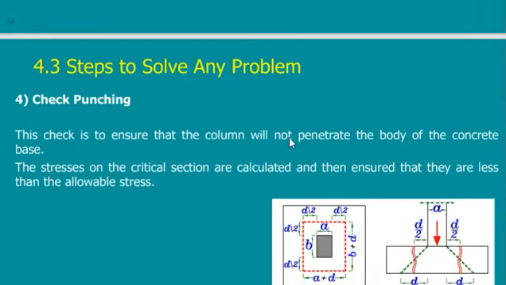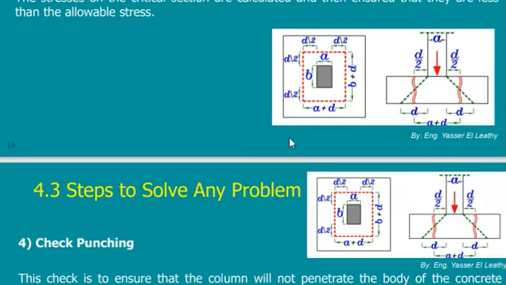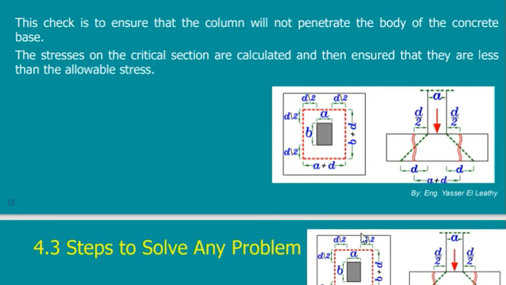Suppose we are going to use this plan now. This is the long direction and this is the short direction. The cantilever here is the same as the cantilever here. Which one to check for shear? For this short distance or for this long distance? For the long distance.